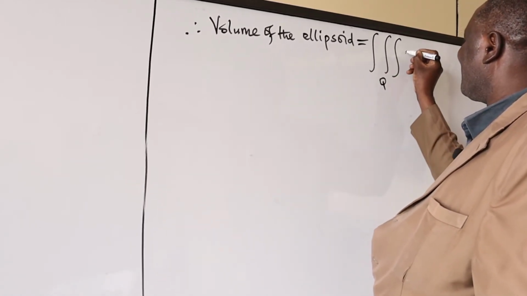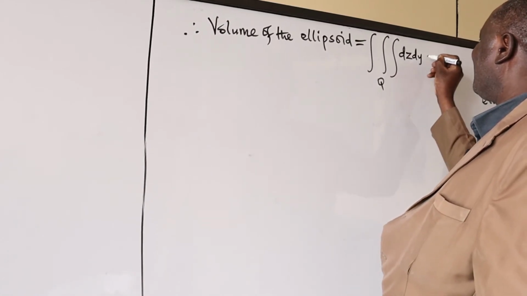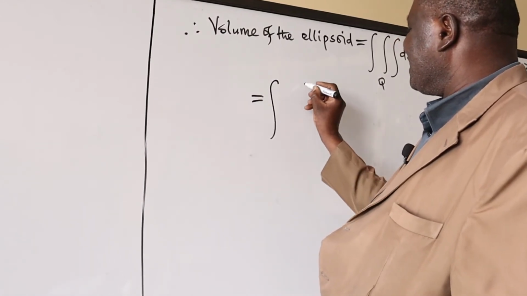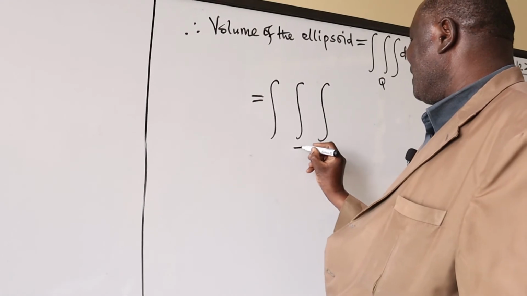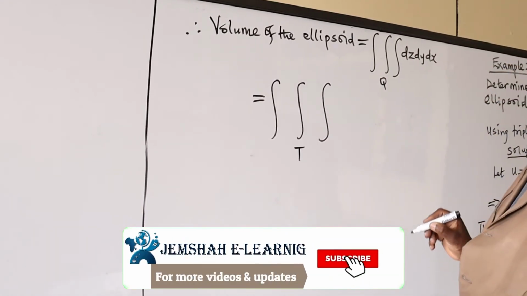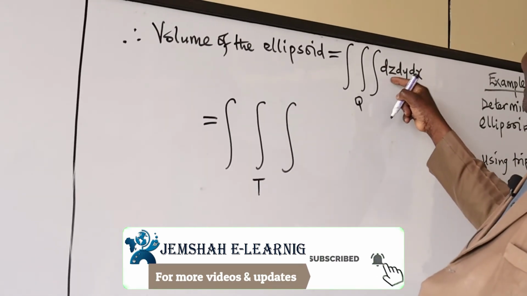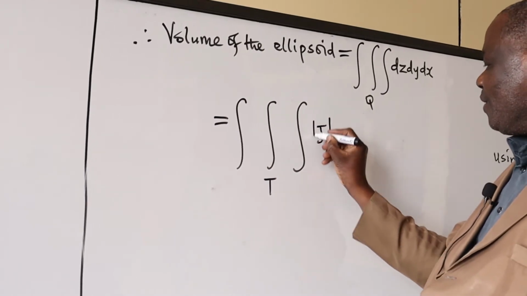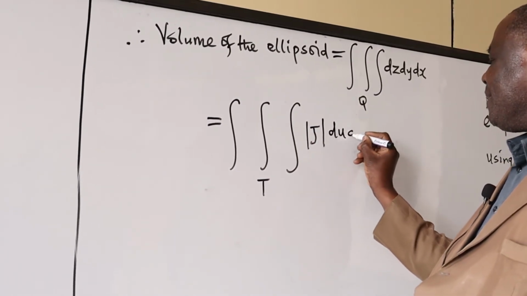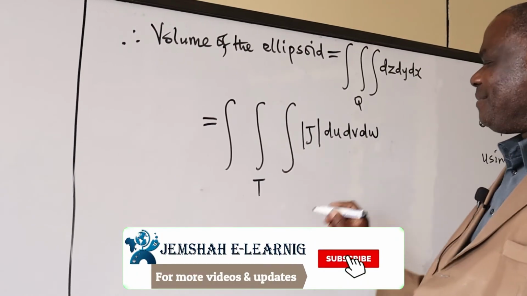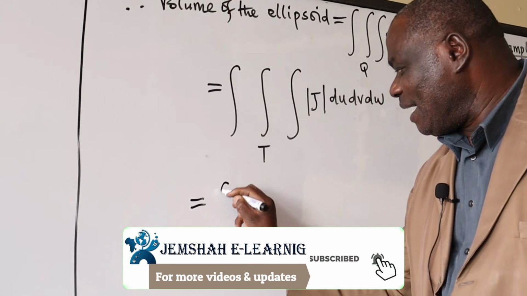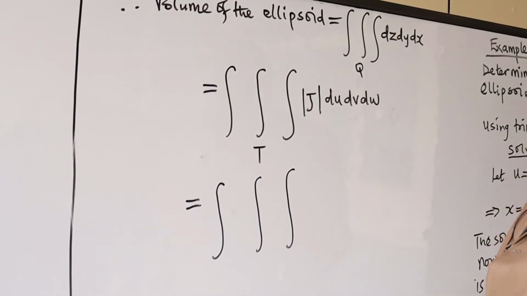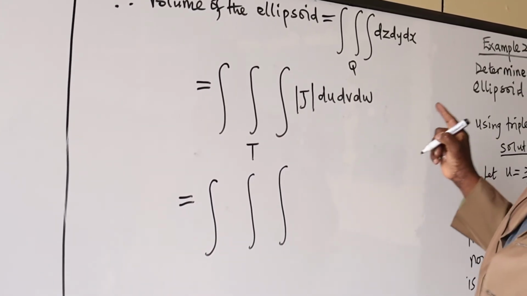We pick limits from region Q, then we get dz dy dx, which will now be equal to a triple integral over a new solid region, solid T. This dz dy dx will be equal to the absolute value of J, du dv dw. Our T is a sphere, so we convert everything into spherical coordinates.